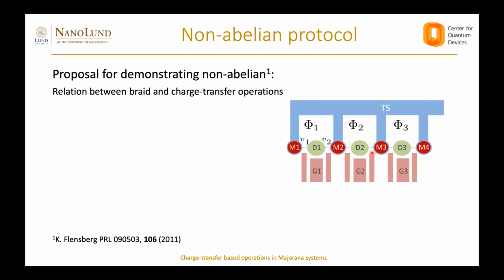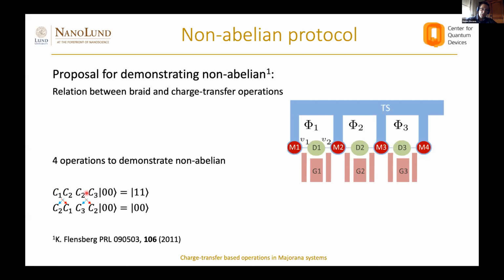And non-abelian statistics can be demonstrated if two sequences of charge transfer-based operations lead to different results, and the only difference between these sequences has to be the order in which these charge transfer-based operations are performed. So if these states are trivial instead, the results of the upper row and the lower row will be exactly the same.